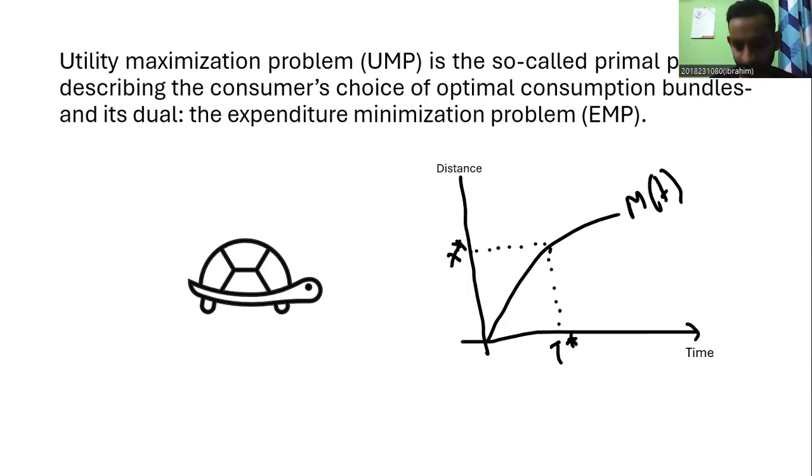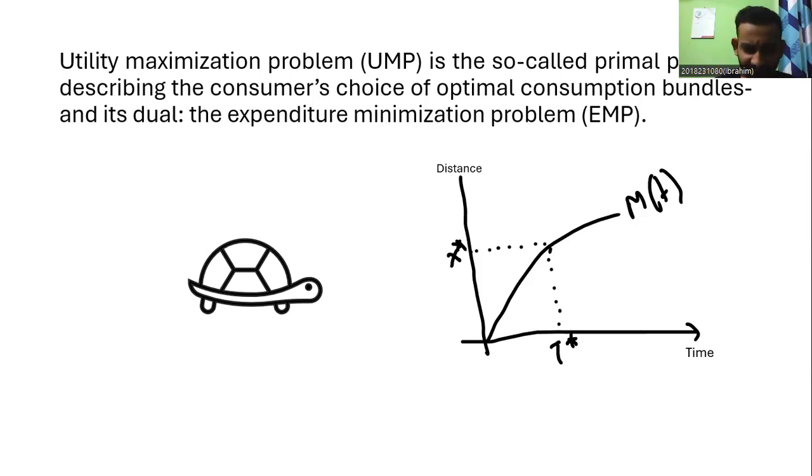We economists always try to maximize our utility, which is the utility maximization problem, UMP, the so-called primal problem. If this is primal, its dual will be the expenditure minimization problem. We always try to minimize our monetary terms, that is our income or expenditure. So it is EMP, the expenditure minimization problem.